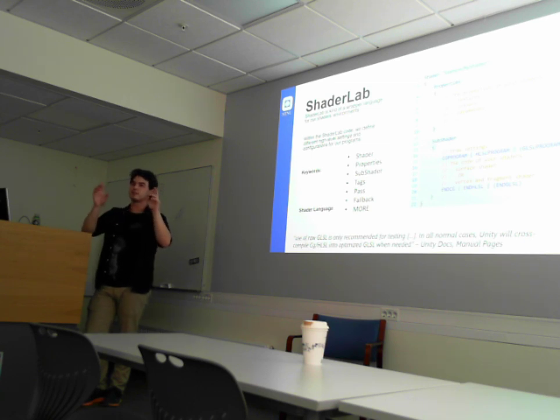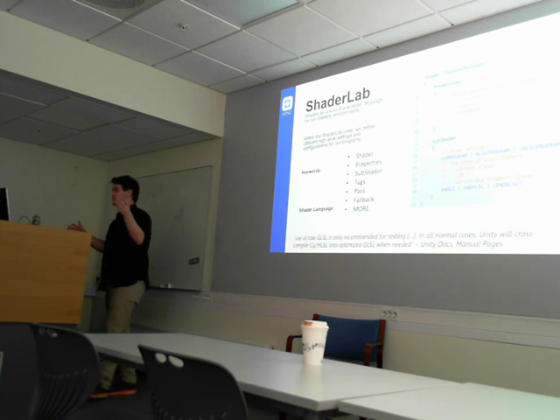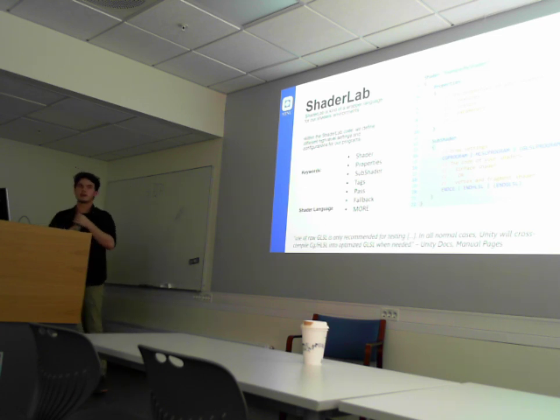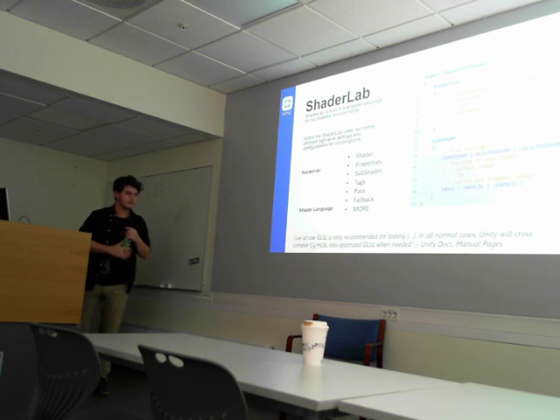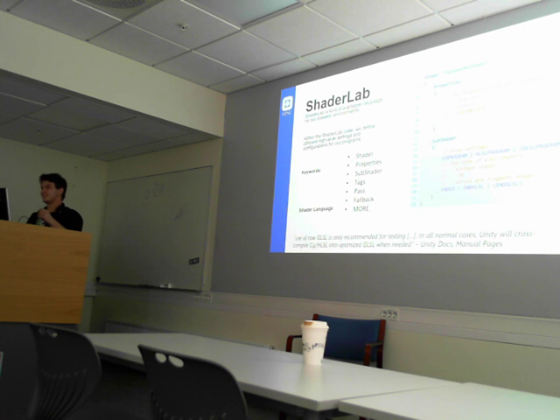But the shader itself is still called the same thing, and will automatically compile to the target platform you want. And there's tags. Tags are used by Unity to help order the passes, or how or when the rendering happens for objects using this shader.